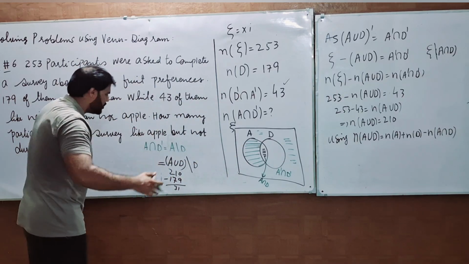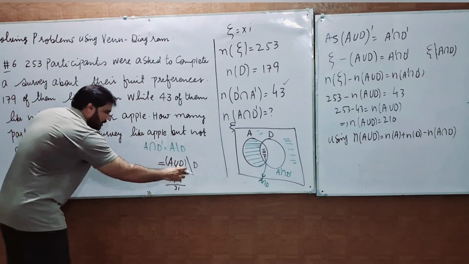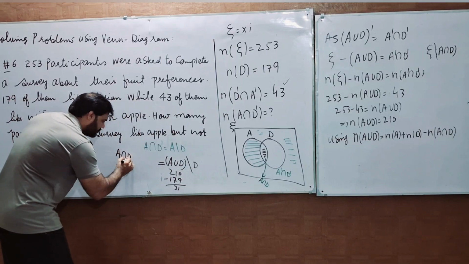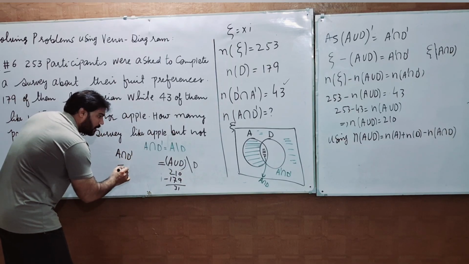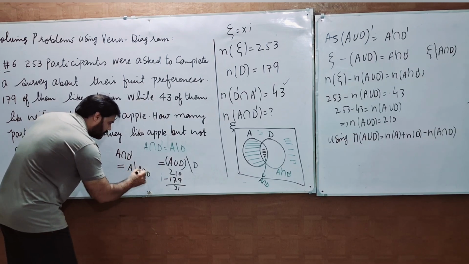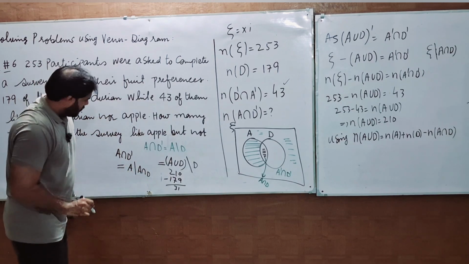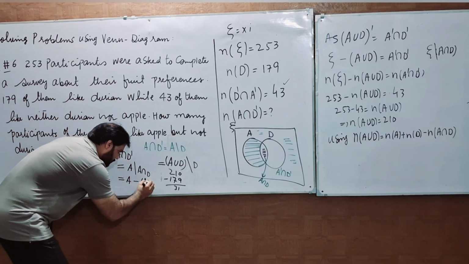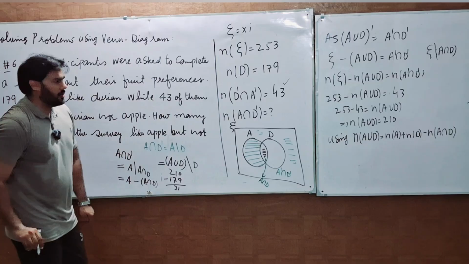It means A intersection D complement can be found in two ways: by this identity, and it can also be found as set A difference A intersection D. This can also be written as A difference A intersection D.